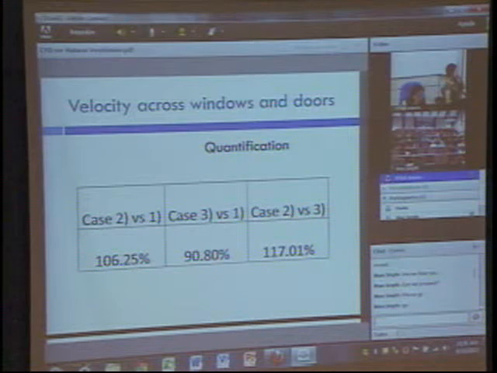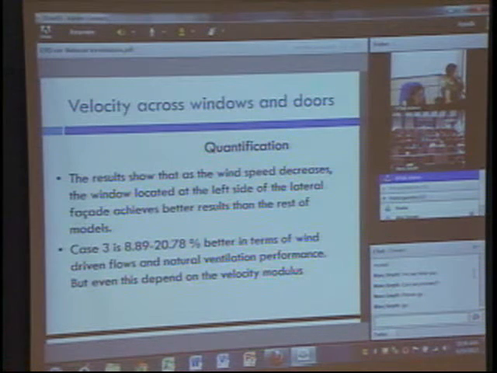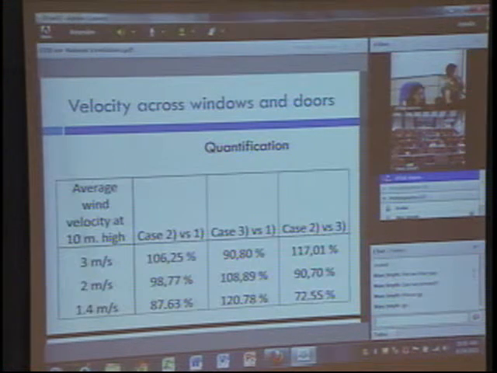We can compare how much volume of air is coming in and coming out, considering different cases of position of the windows. So we can decide which is more convenient. In this case, the case 3 is the best one because it makes the more path of air across the rooms.